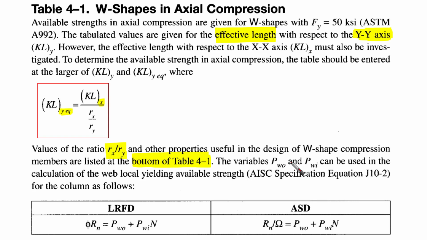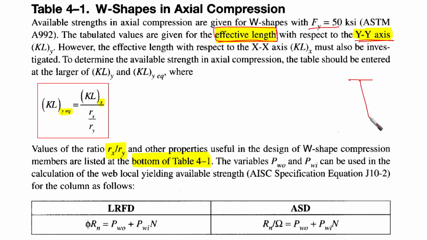Let's read this part because it's important in the manual. Available strengths in axial compression are given for wide flange shapes with Fy equal to 50 ksi according to ASTM. The tabulated values are given for the effective length with respect to the y-axis.